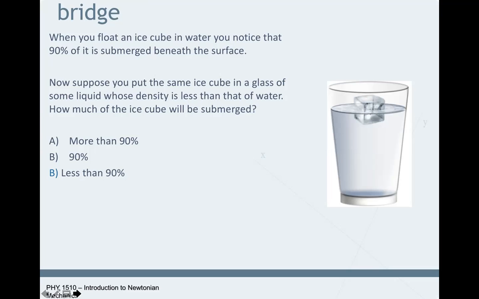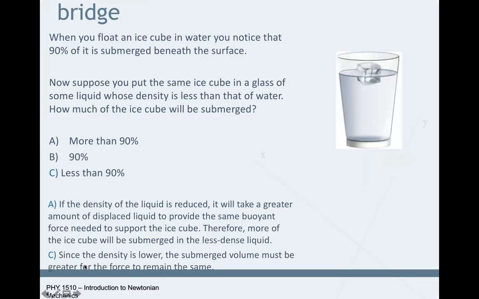You need to displace more of that liquid in order to provide the same amount of buoyant force, which means you need to be submerged more than 90%. You need a bigger volume. So if you put it in alcohol, for example, you would displace more alcohol, which means your ice cube will sink down a little bit more than 90%.